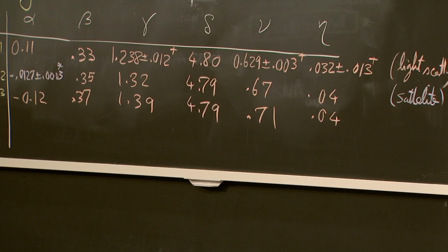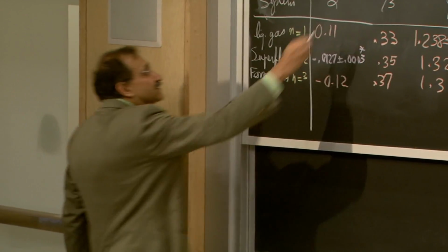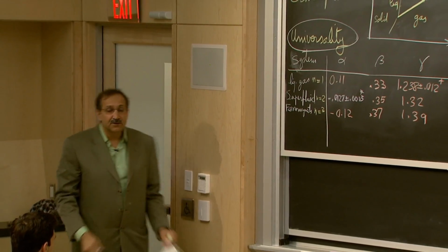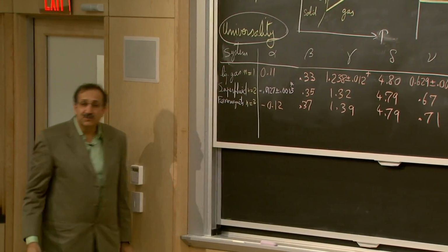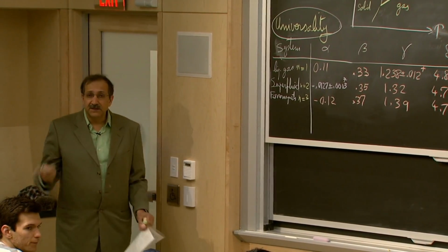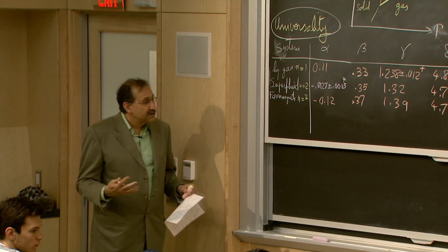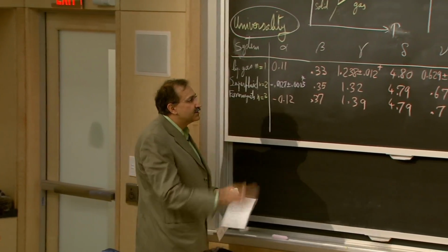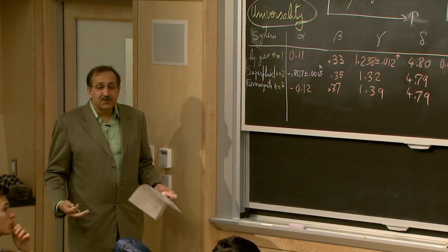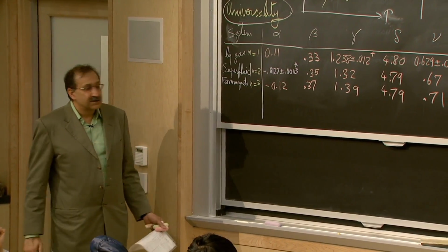Okay. Now the thing is that these numbers are independent of the material you are looking at. So this liquid gas system could be any type of fluid. In addition to superfluid, you can do experiments with magnets that have two-component magnetization. And the question as to why these numbers are all the same across all of these systems is therefore profound. These are dimensionless numbers. So in some sense, it is a little bit of mathematics.